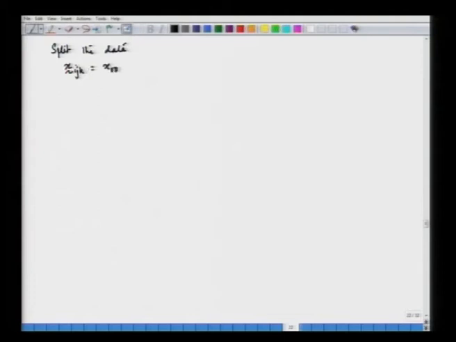Equivalently, we write it as x naught naught bar, then x i naught naught bar minus the overall sample mean. We have 3 subscripts here, so this is going to be x i naught naught, and then we have x naught j naught bar minus this, and then we have to do some adjustments here.